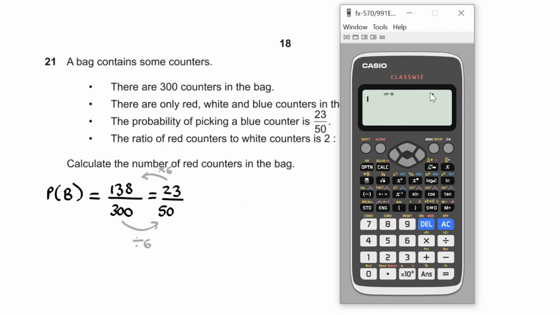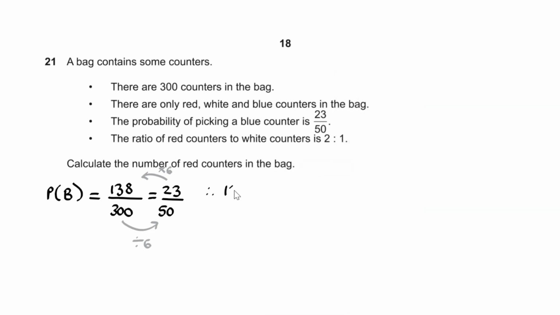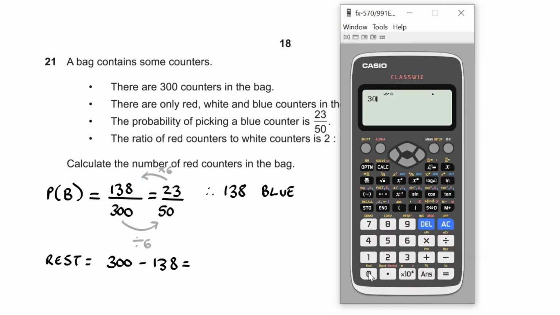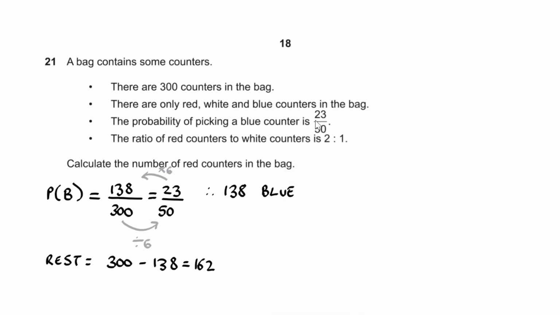So therefore, what you can see then is we have 138 blue. And so for the rest of the counters, we have 300 take away the 138. So we've got 300 take away this, which is 162. So we've got 162 counters which are either red or white.